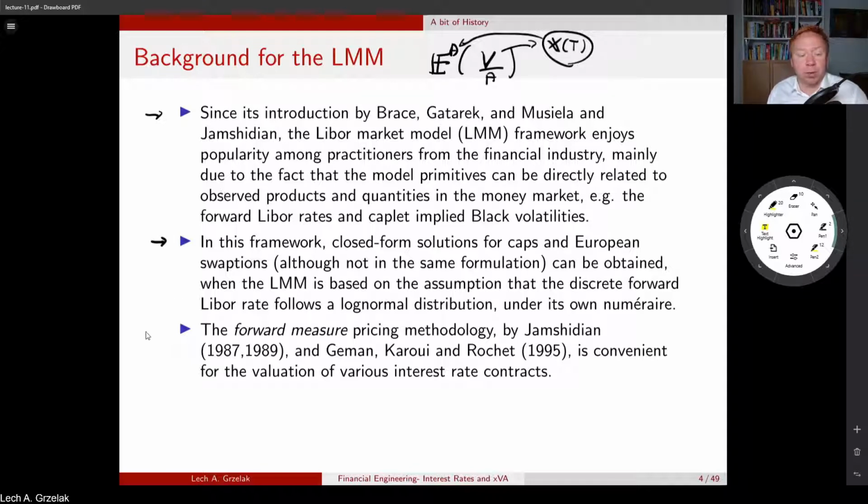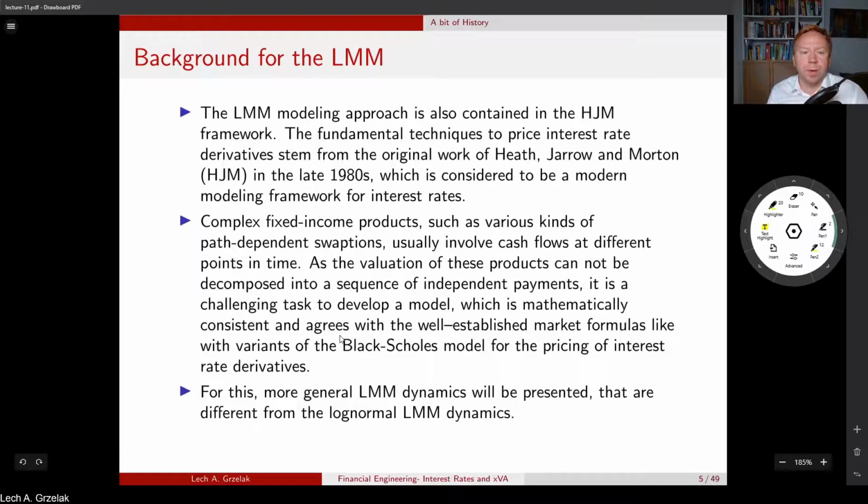And the whole machinery, this is very important to highlight, relies on measure change techniques and the so-called forward measure. We are already familiar with that: the forward measure associated with zero coupon bonds. This is also related to the Libor dynamics that we have already discussed in this course.